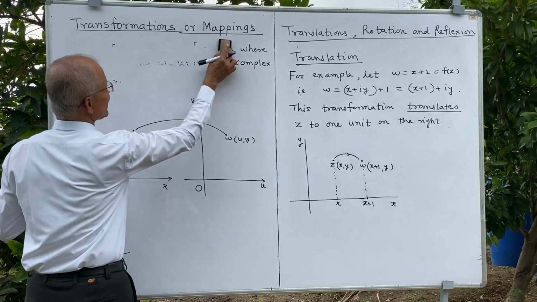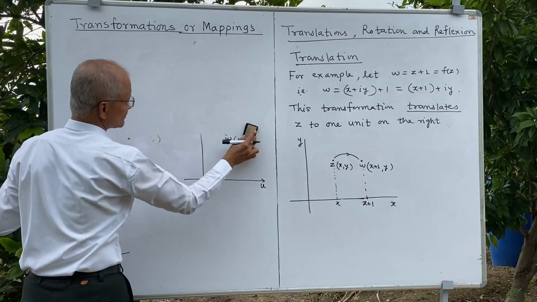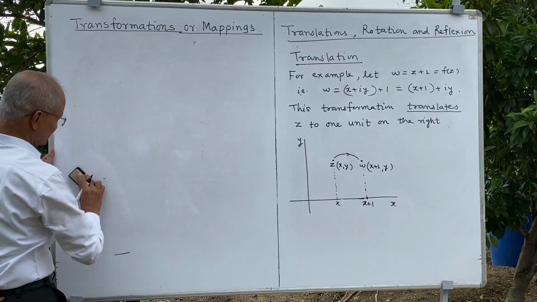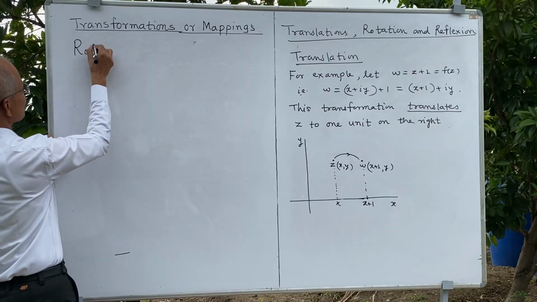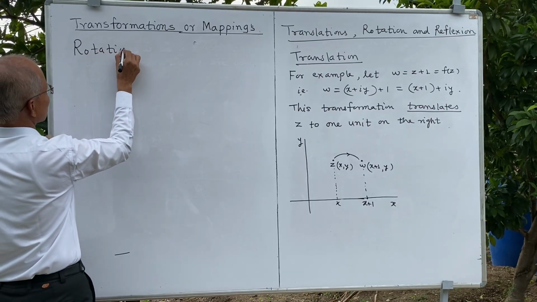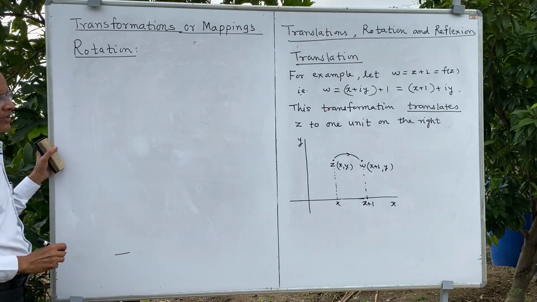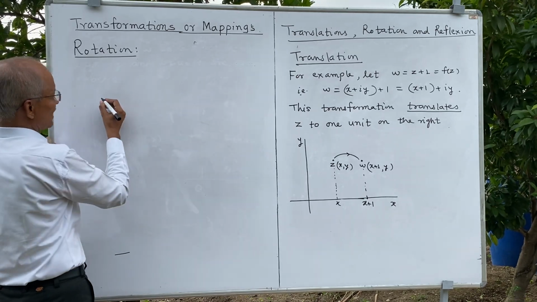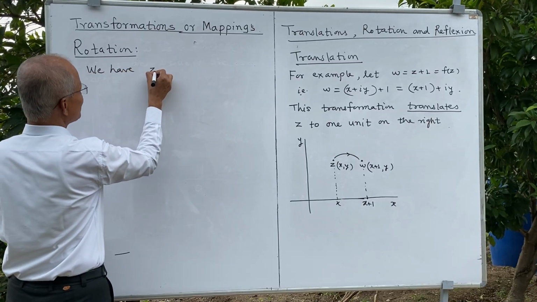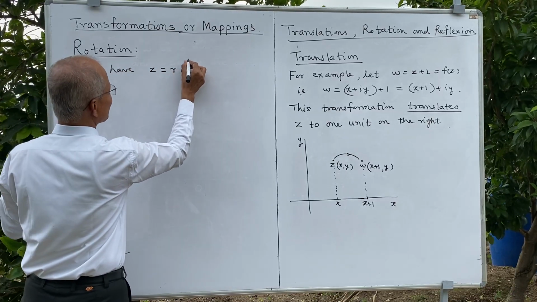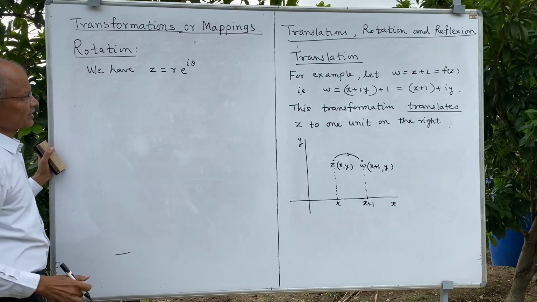Now, we shall consider an example of rotation. For this, we shall consider the polar form of a complex number, and we have z is equal to r e power i theta, the polar form of a complex number.